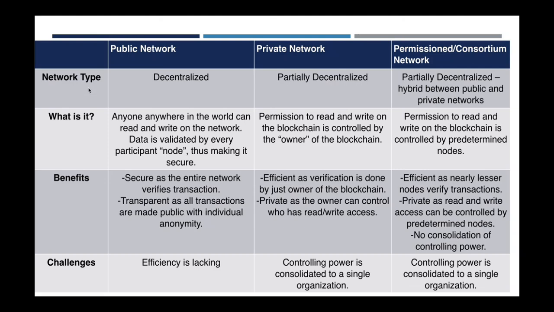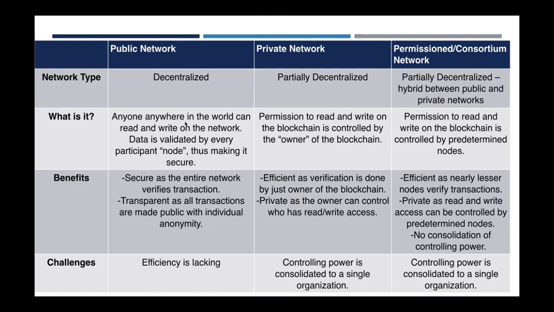What is the network type? The public network is completely decentralized and the private network is partially decentralized. The consortium network is also partially decentralized. It can be a combination of both public and private networks. So who can take part in a public network?